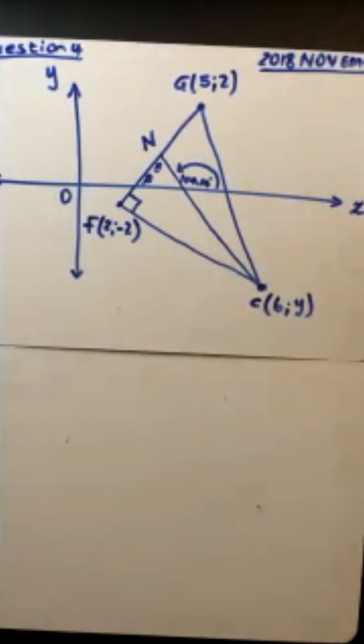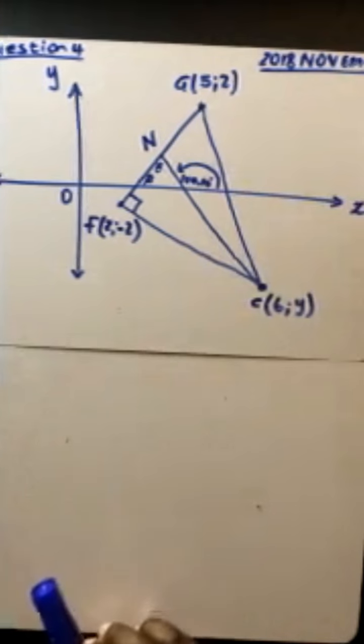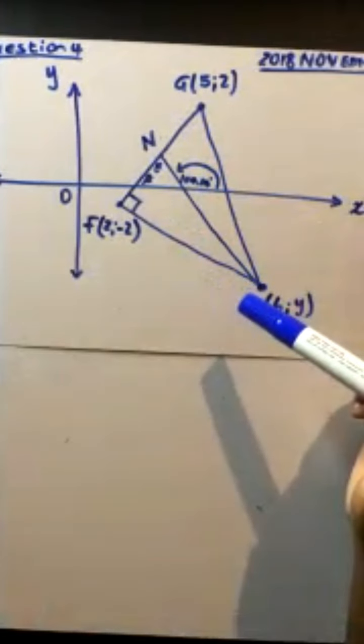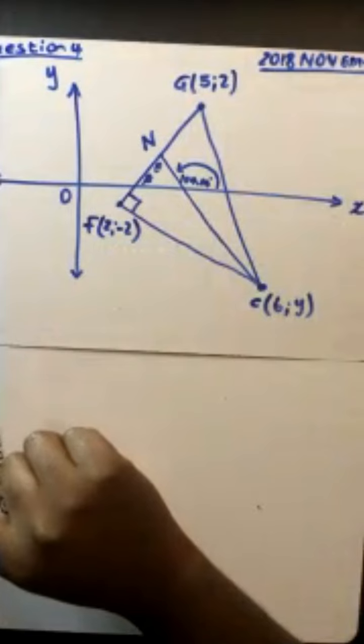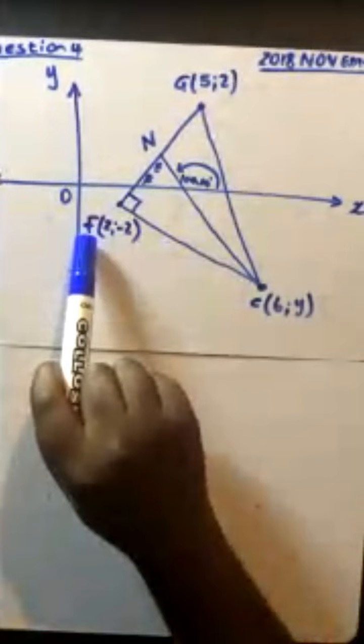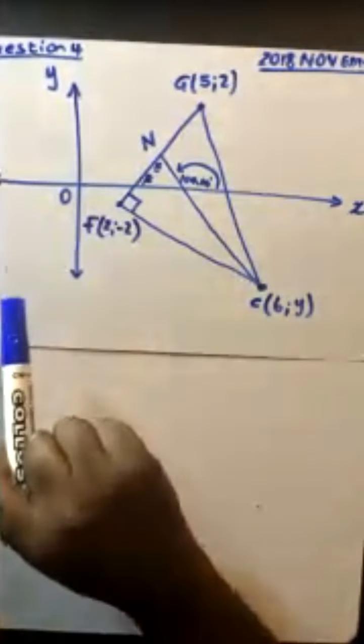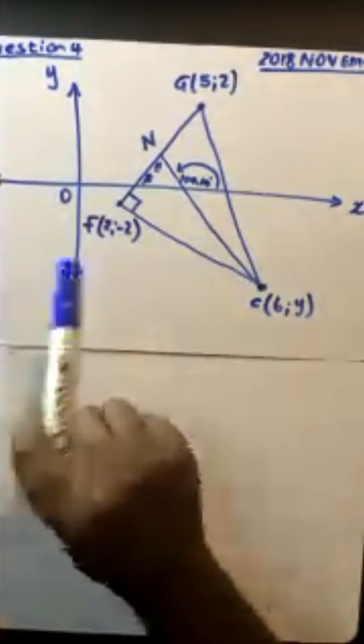Okay, 100%. So now I'm going to read through that statement for the last time. And again, as I read through, I'll be referring to this hand-drawn diagram. So ladies and gentlemen, it says in the diagram, we've got F, which is 2 and -2. Where's F? There is point F. Remember, guys, from yesterday's lesson, I've indicated that we've got a point, which is point F, which has the coordinates.